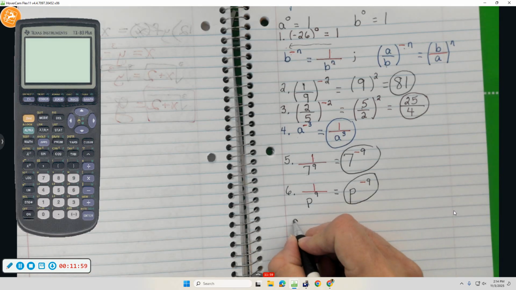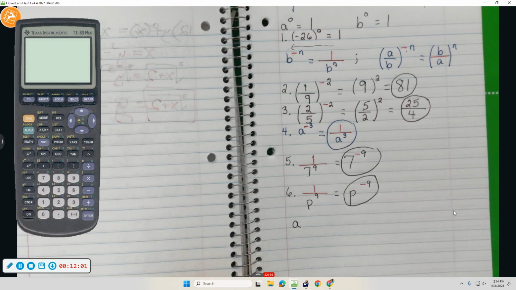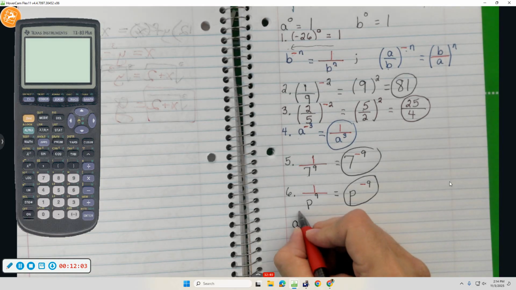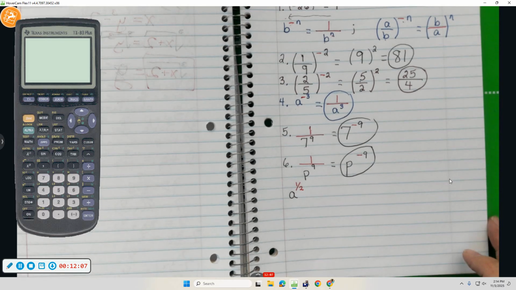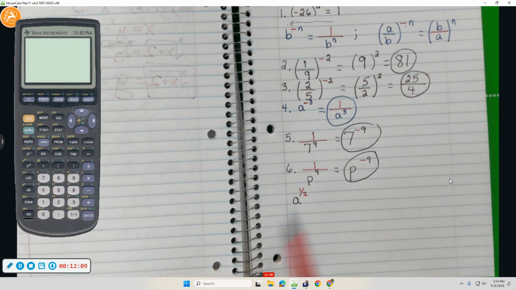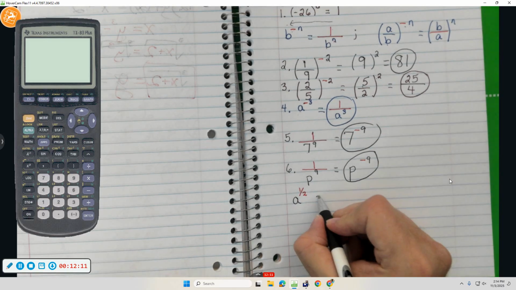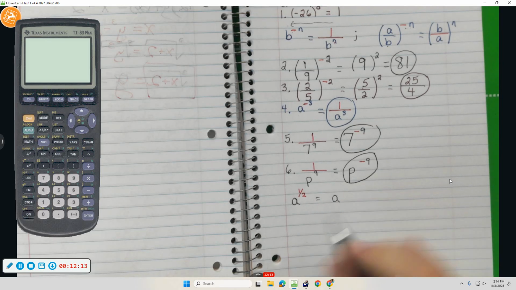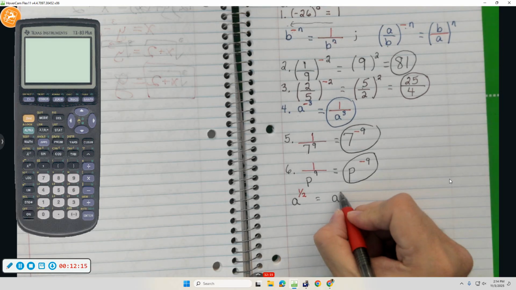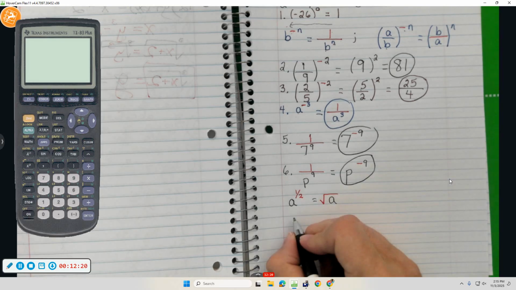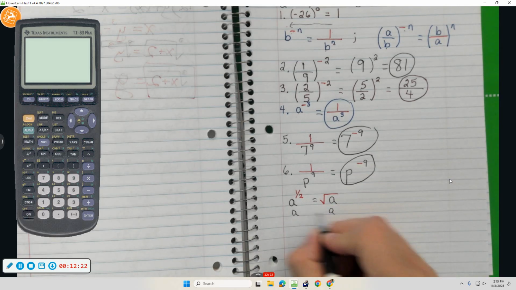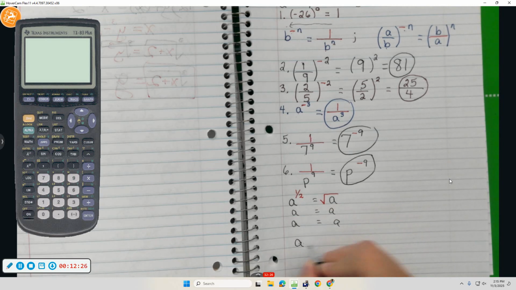A fractional exponent. A 1/2 exponent, we said, meant square root. Okay.